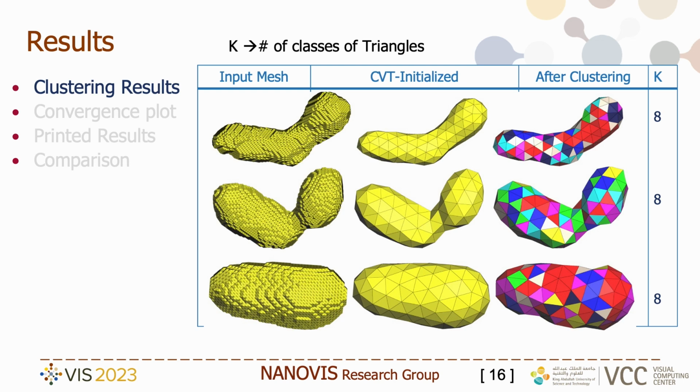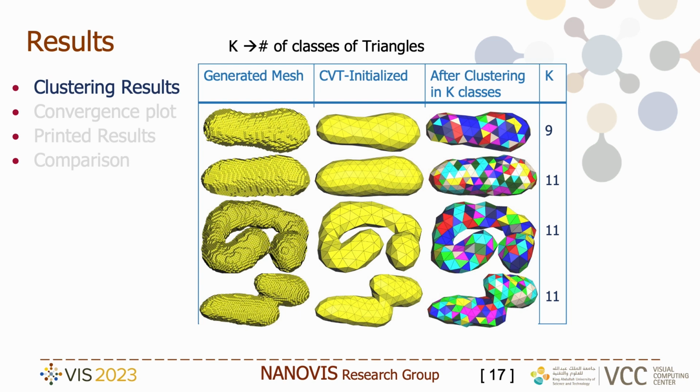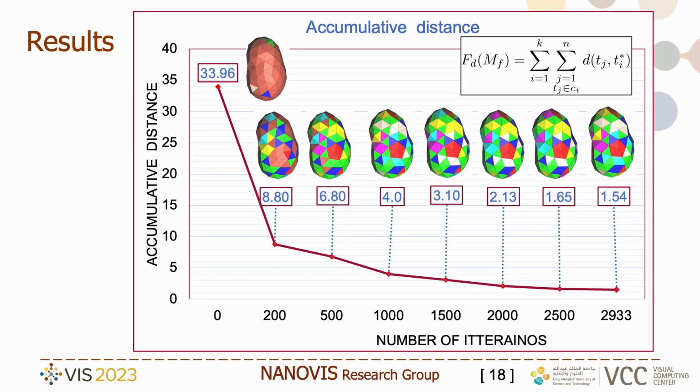Here again, input mesh, CVT initialized, and our results. There are some more results with the same parameters and different values of k and some more models. This plot is showing the minimization of the cumulative distance with the number of iterations until we reach a given threshold. The threshold is the highest value of the acceptable clustering error, that is the degree of similarity.